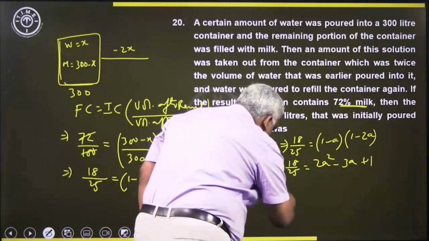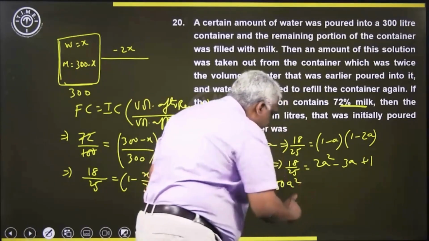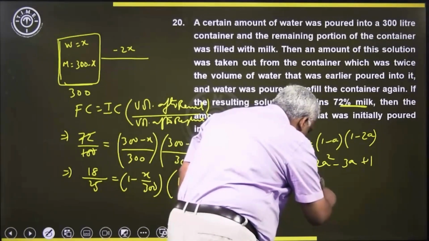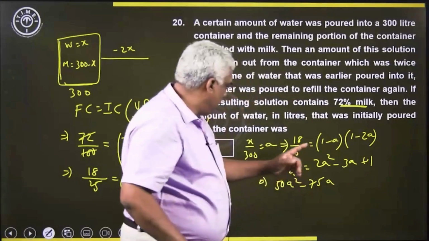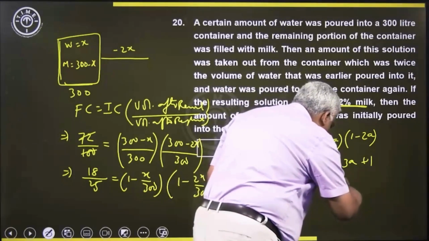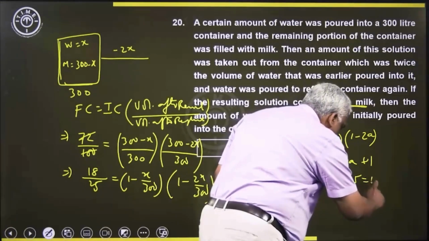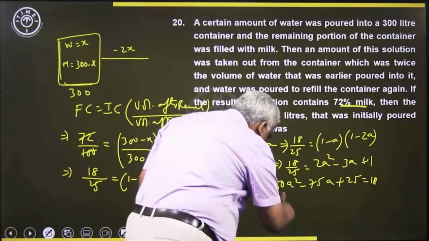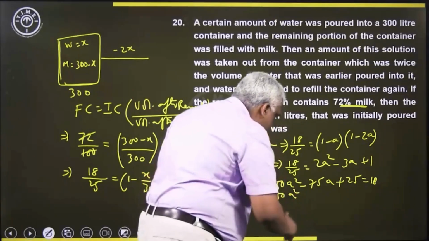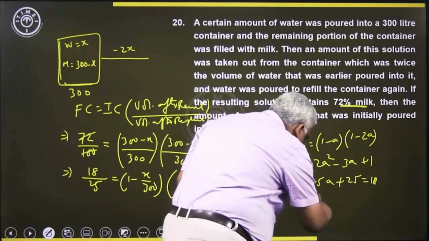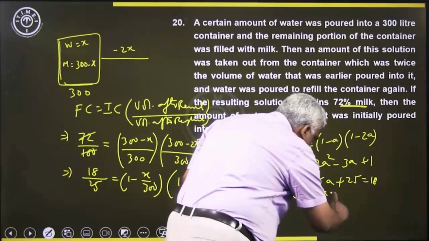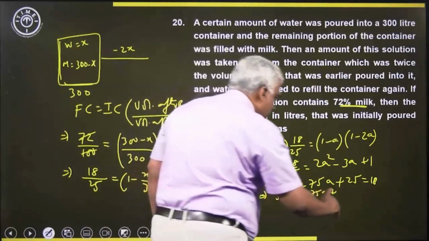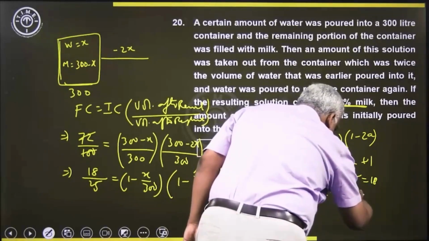So, we got 50a square minus 75a plus 25 equals 18, or I can say 50a square minus 75a plus 25 minus 18, which is plus 7, equals 0, right.